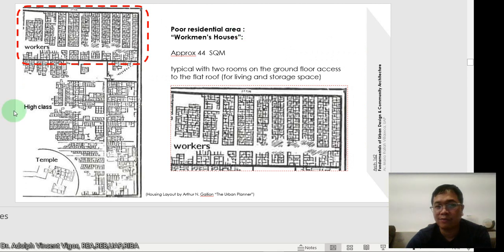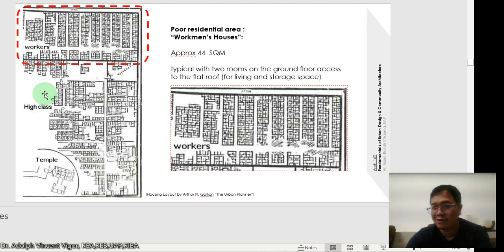Then we have here the poor residential area. That's approximately 44 square meters for each house. It's typically two rooms on the ground floor, with access to the flat roof for living and storage spaces.